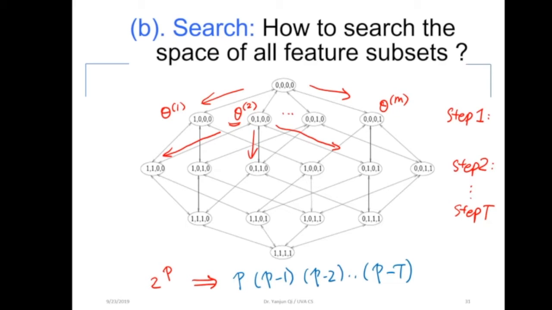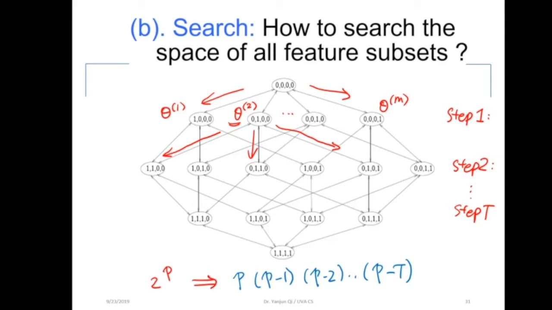Forward means I start from nothing, from a 0 vector of theta. I try only one of the features selected. I compare all those theta cases where only one element is 1, and you rank them and pick the best.